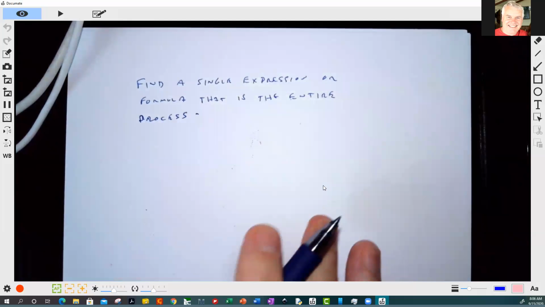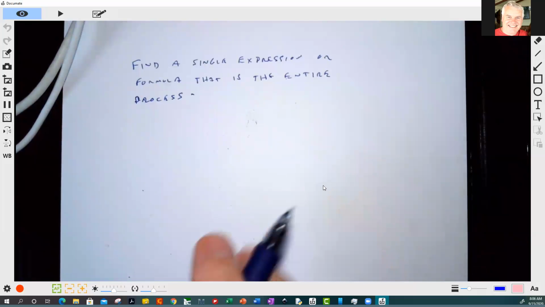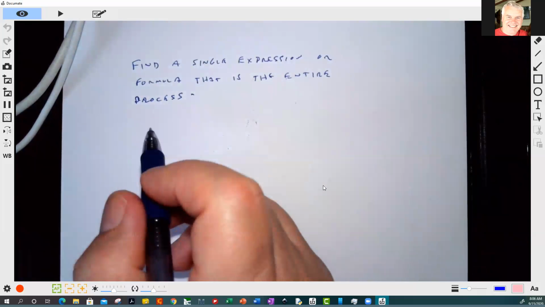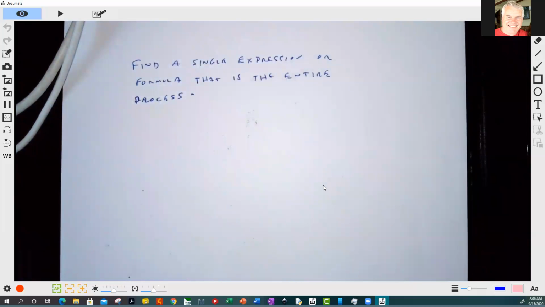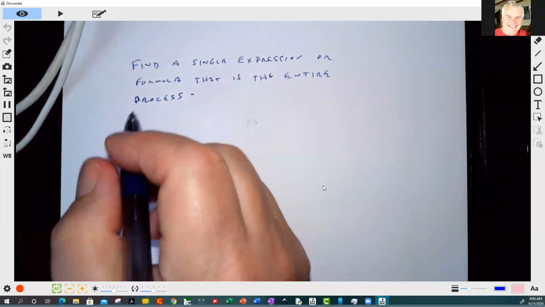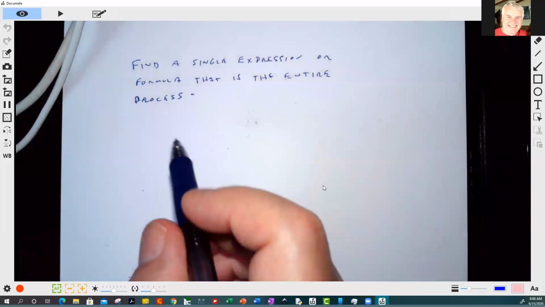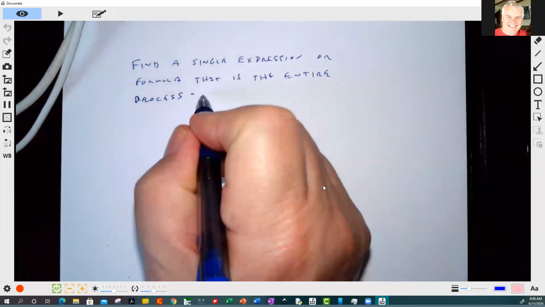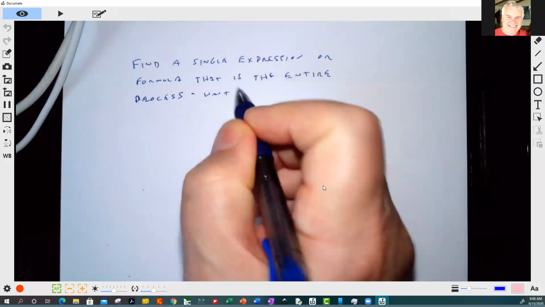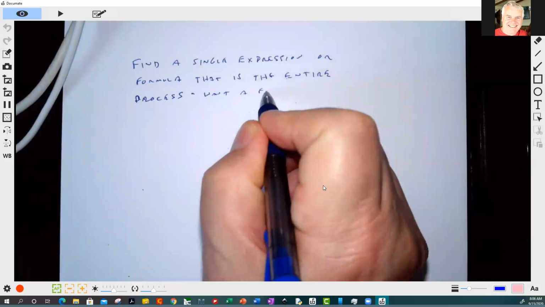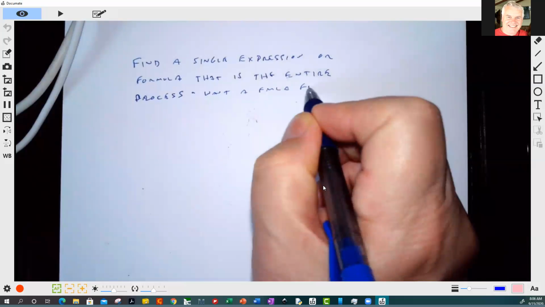So that way we have all of the ingredients from start to finish all in one expression. We can see how they go together. Right? So in this case, we want to find the formula for the answer.